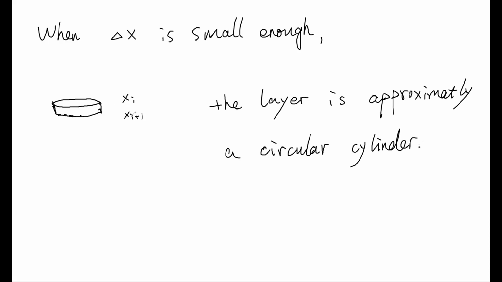Because xi and xi plus 1 are close enough, the radius of the top is approximately the same as the radius of the bottom. So it's approximately a circular cylinder. But what should we use as the radius of this cylinder?